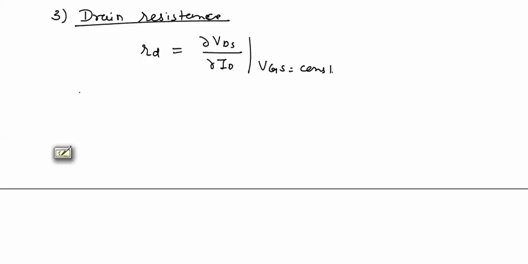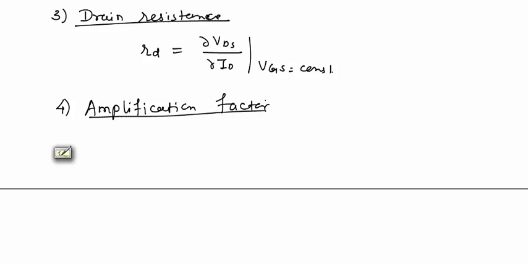And the last term is amplification factor. The amplification factor is defined as mu equal to del VDS upon del VGS at constant ID.